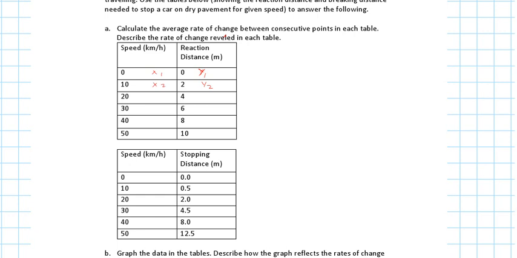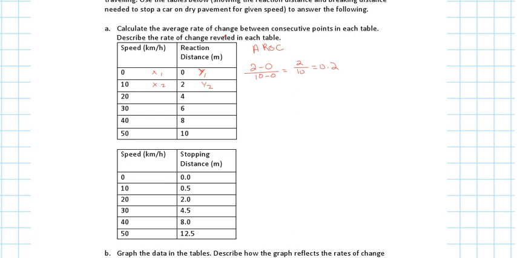Are we okay with that? So 2 minus 0 divided by 10 minus 0. That's 2 over 10, which is 0.2.